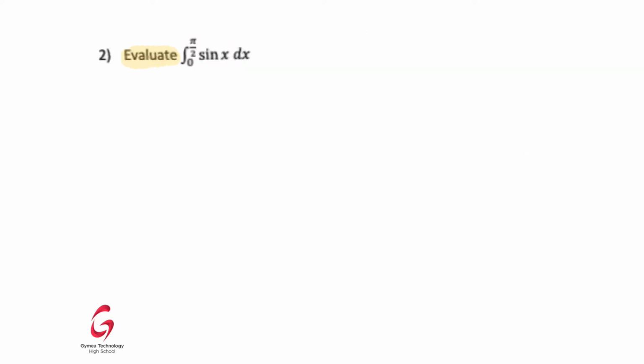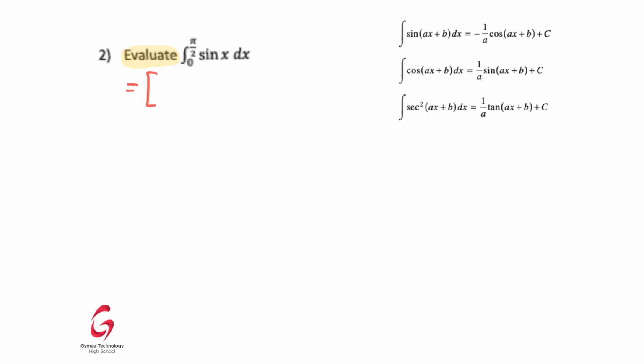Okay, this next question says to evaluate. So we've got those parameters on our integral. We're evaluating the integral of sine x between pi on 2 and 0. We're going to expect a numerical answer for this one. First of all, we integrate this sine function, which gives negative 1 over that a value, which in this case is just 1, cos x.